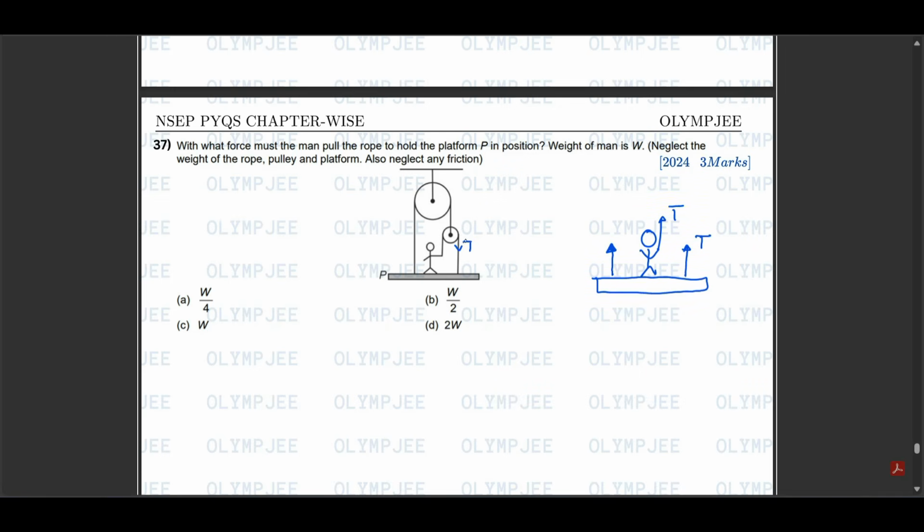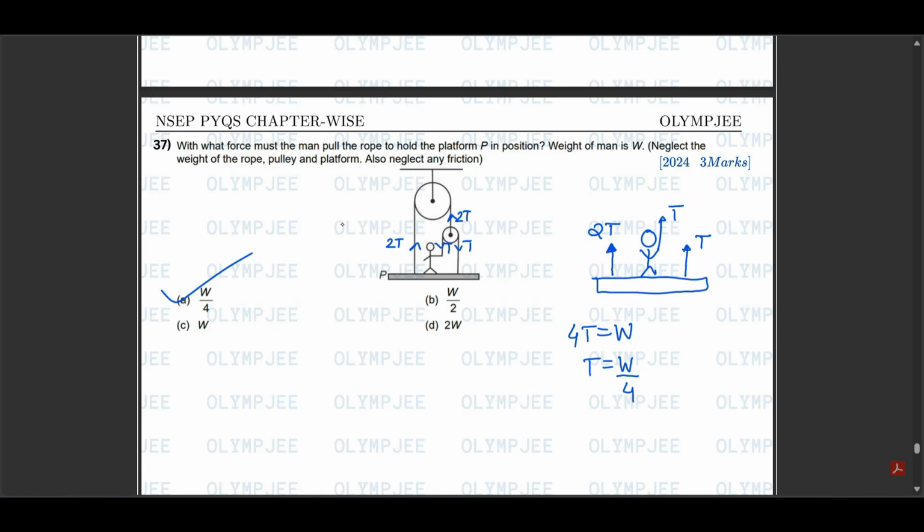Because this is T and this is T, and since this pulley is massless, the net force on this should be 0. I earlier explained why, to have a finite acceleration. So this would be 2T and this would be 2T. So 2T will be acting here. So 4T is equal to W. So the tension is equal to W by 4, and that is the force by which the man is pulling. So the answer is option A.